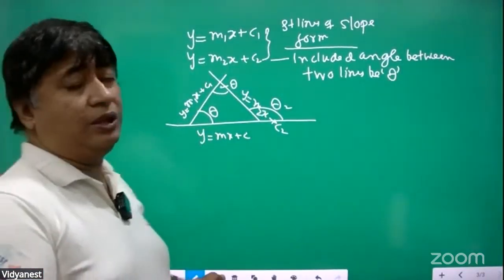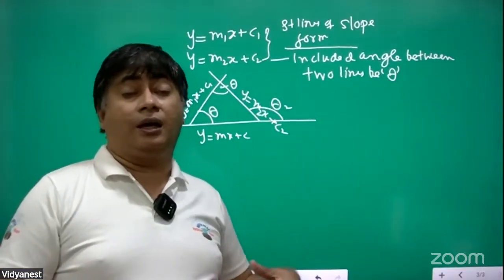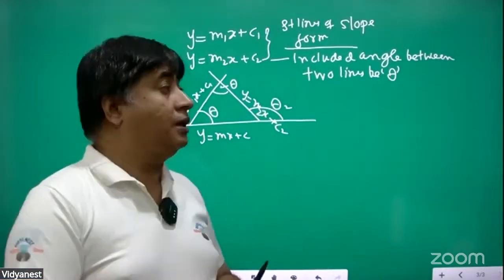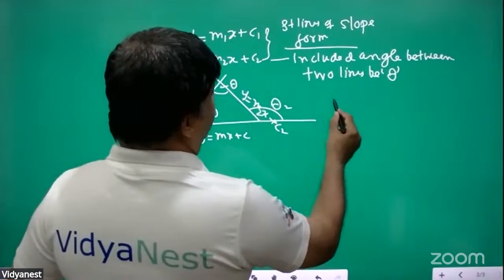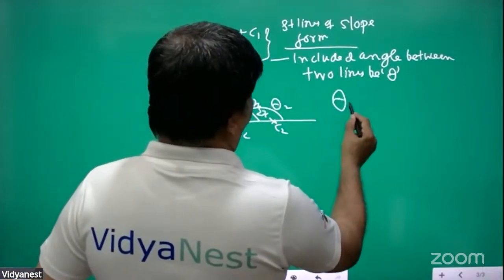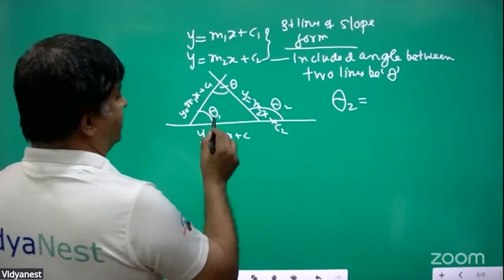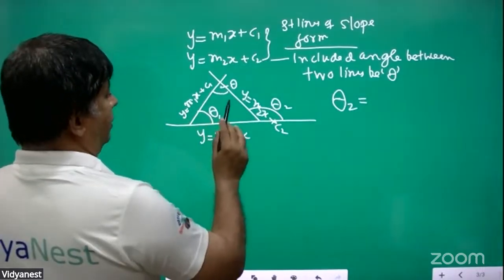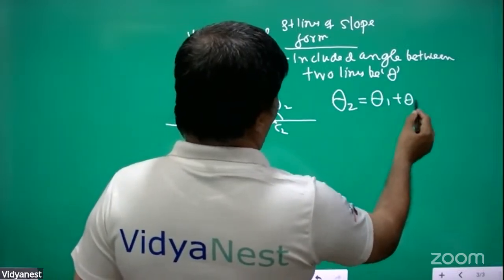Now you recall the formula of a basic trigonometrical Euclidean relation between the angles. See, this is the exterior angle, theta 2. This is theta 1. Theta 2 is equal to theta 1 plus theta.